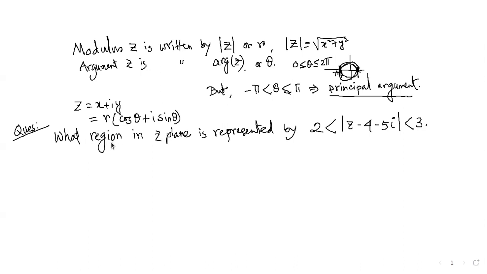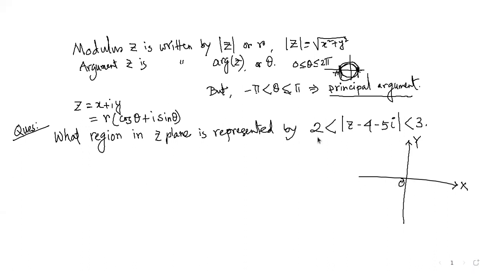Which region is represented in the z-plane or complex plane? We know that this is the real axis and this is the imaginary axis, and this is the z-plane or complex plane. We already know this, isn't it?